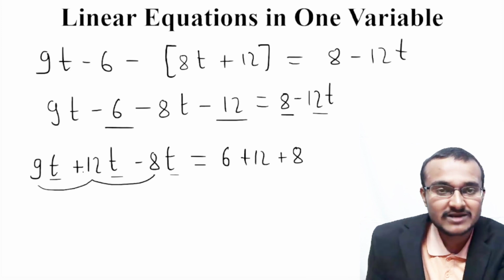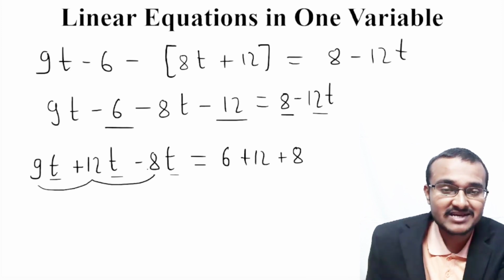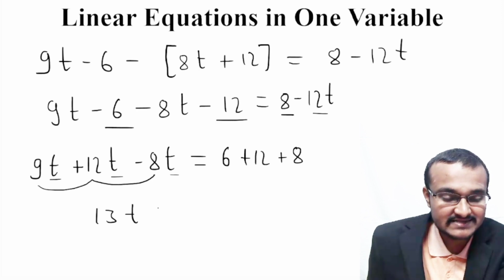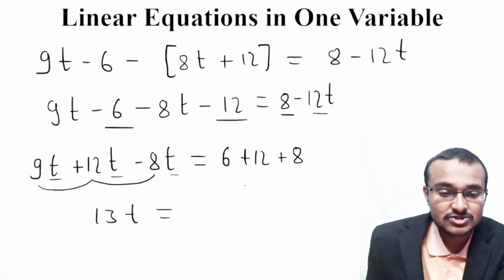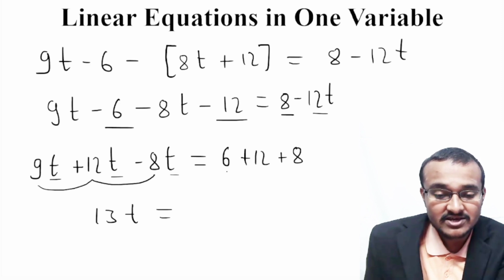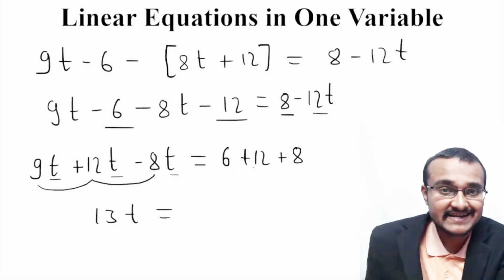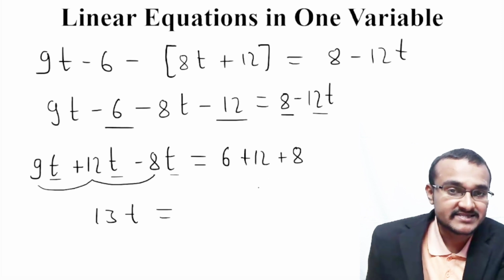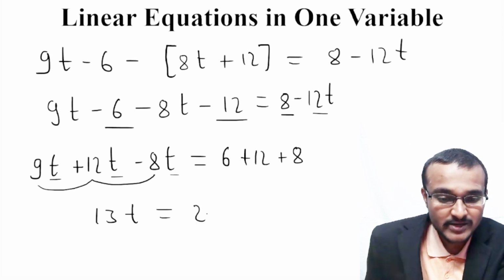So 9 plus 12 will be 21. 21 minus 8 will be 13. So you got 13t on LHS. On RHS, you have 6 plus 12, that is 18. 18 plus 8 is 26.